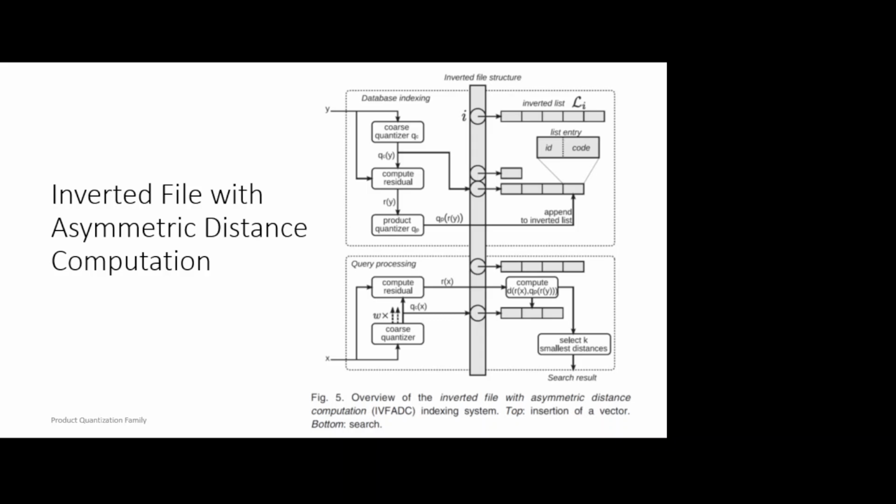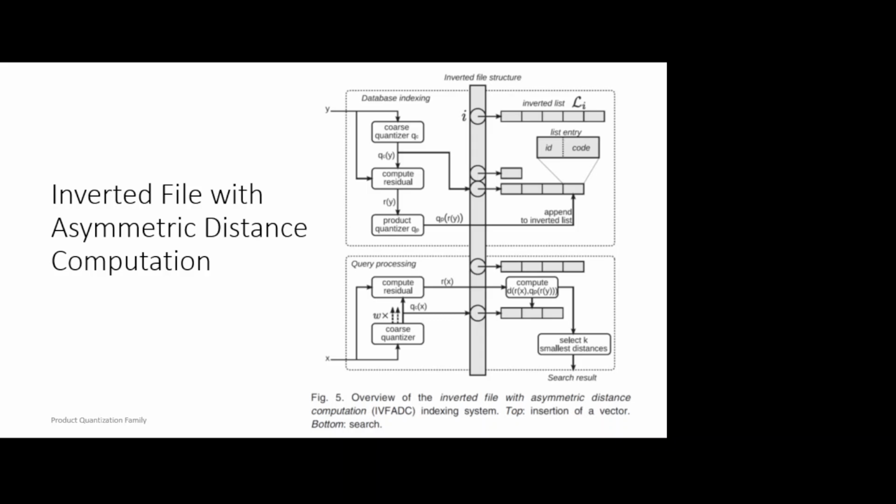So you apply k-means and build up the codebook. We check which centroid is closest to Y, and we assign it to the corresponding centroid. So you can see here we separate the space into several clusters, and this data is closest to this centroid.